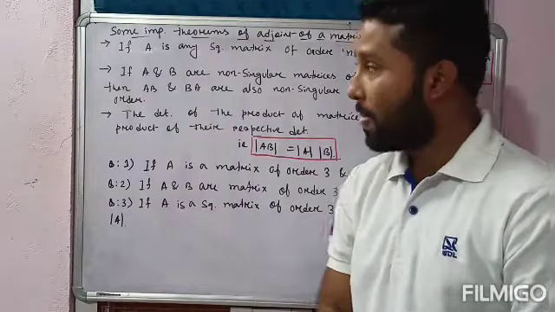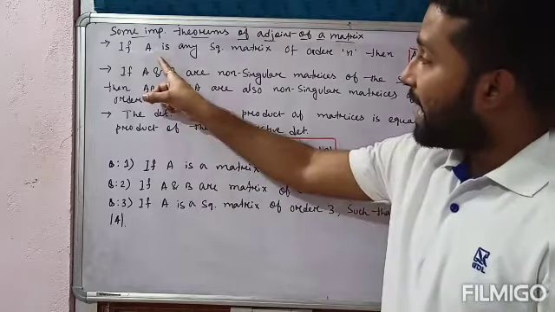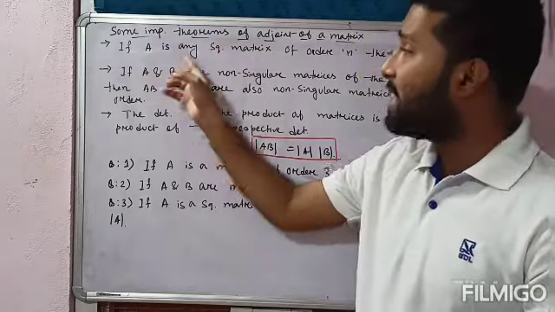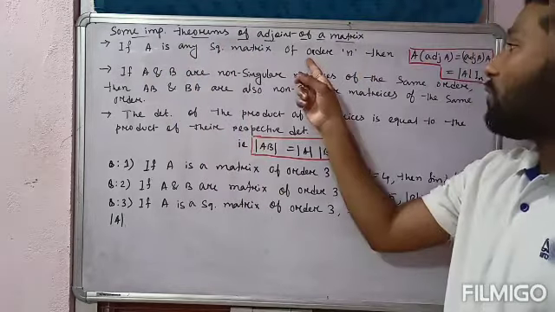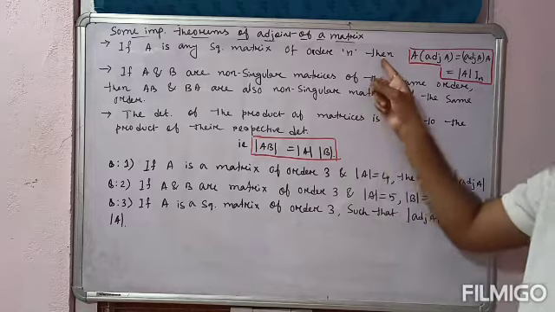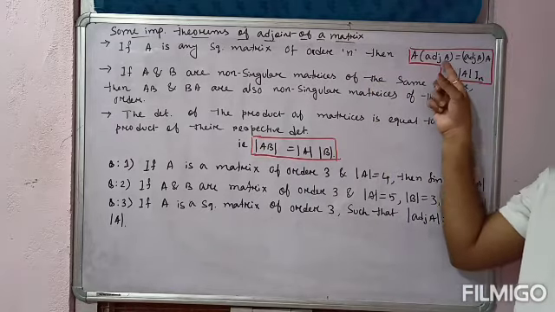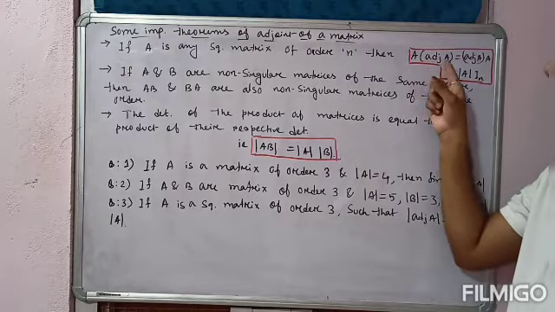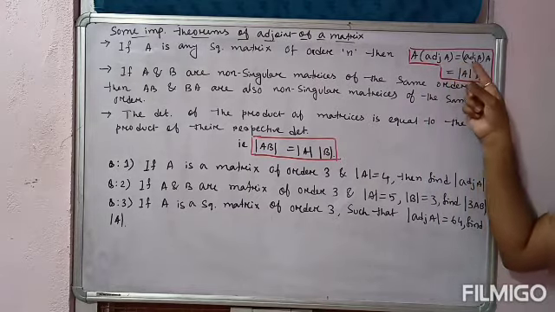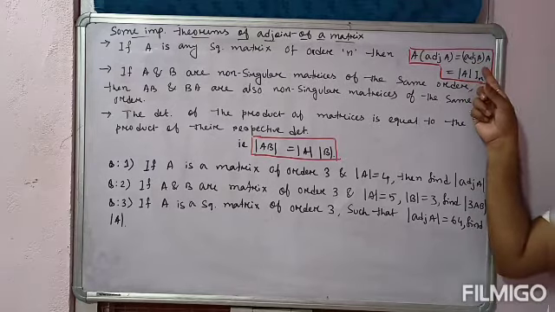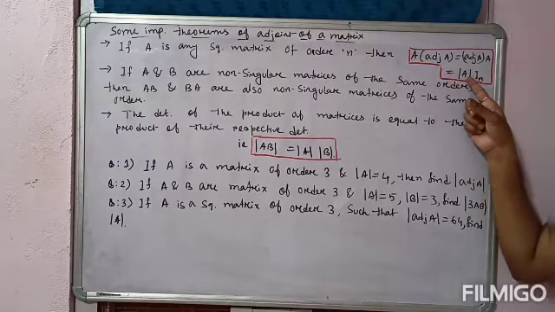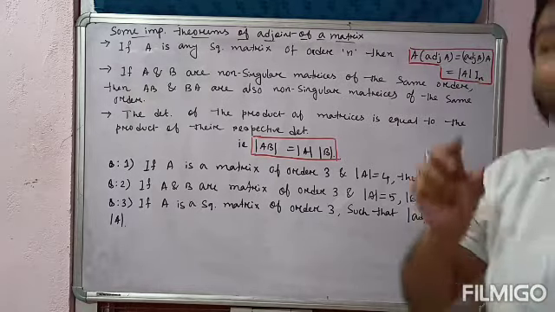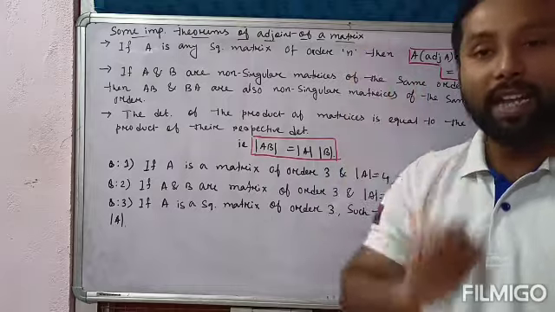The first one is, listen carefully, if A is any square matrix of order n, then A into adjoint of A, this is the first theorem, A into adjoint of A is equal to adjoint of A into A, which is equal to determinant A into I, where I is the identity matrix of order n.